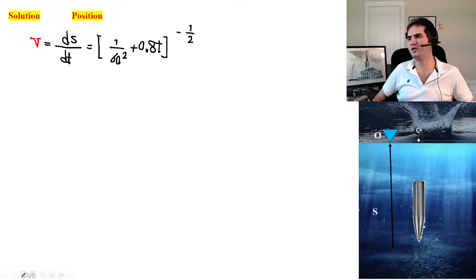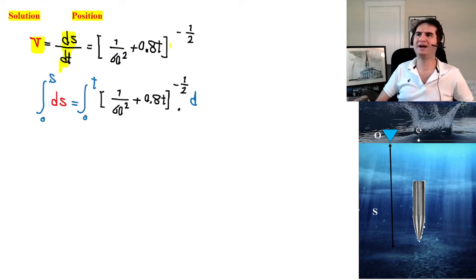If you want to go for displacement, position, velocity is the change of displacement over time. So if we already have velocity and integrate it, we get the integration from 0 to s of ds.